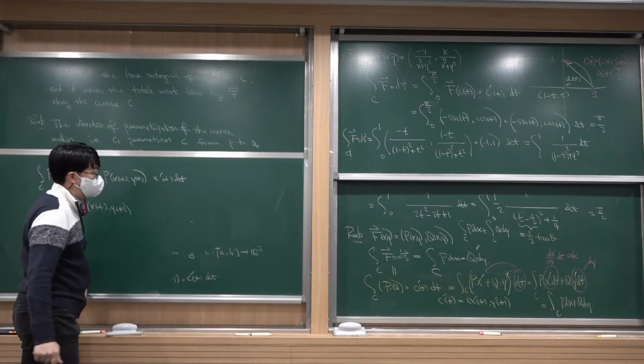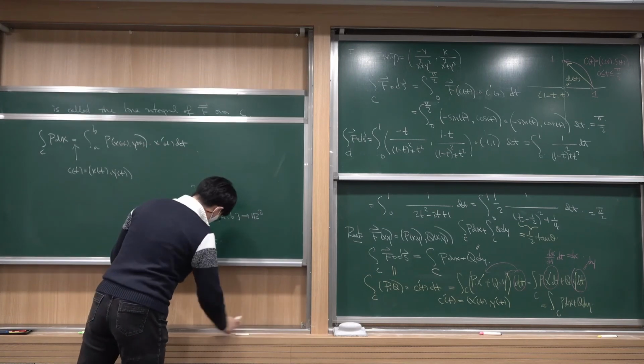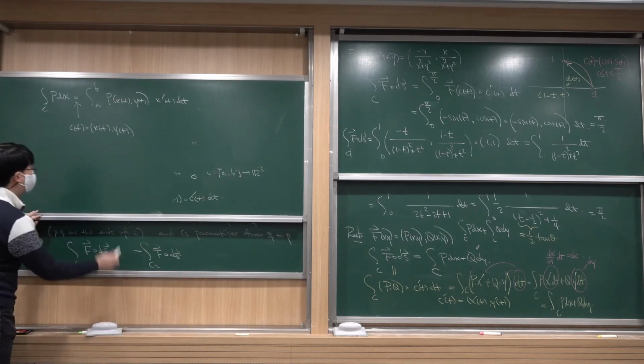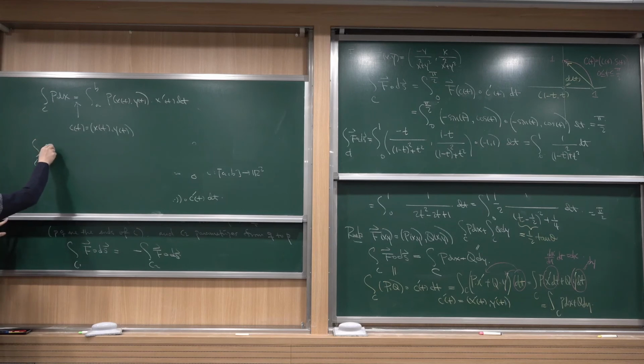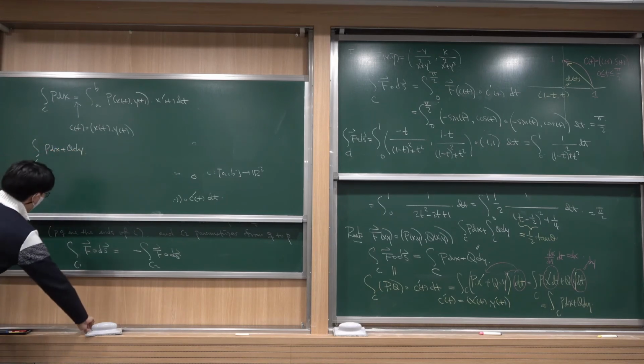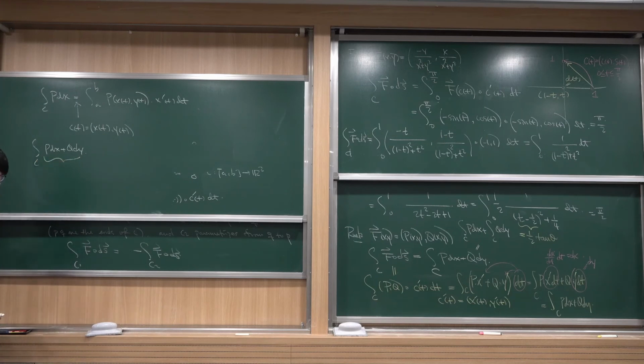And another good thing about this notation p dx plus q dy is that you have already seen this kind of notation in the differential equations course. It's like total differentiation.